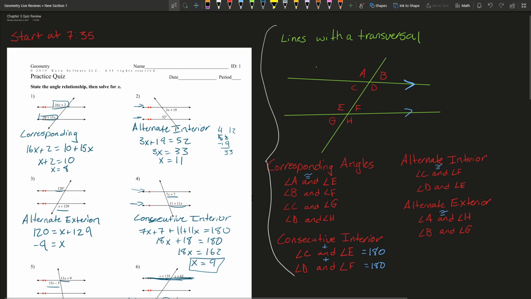The best way to think about these is literally just by the names. Alternate means opposite sides of the transversal. Interior means inside the 2 lines. Exterior means outside. Consecutive means same side. And then corresponding means same position. That sounds like a lot.